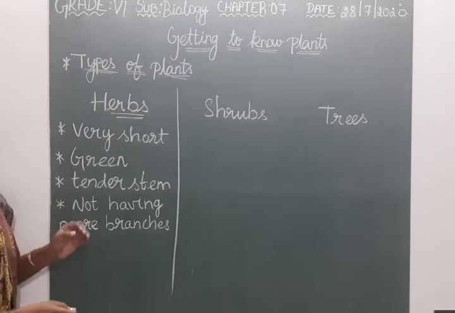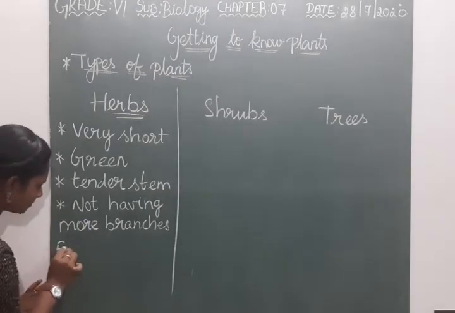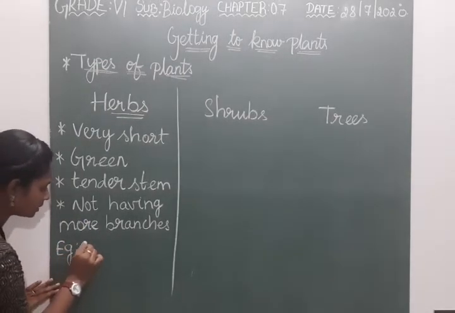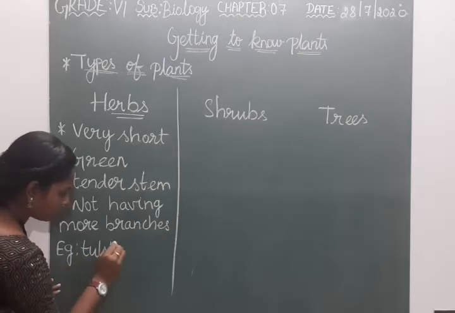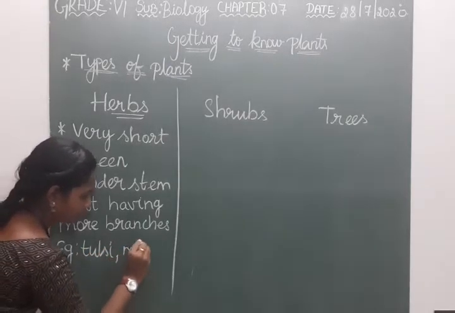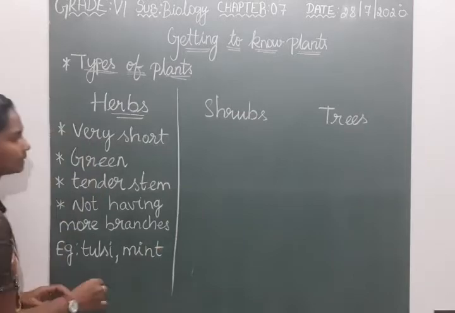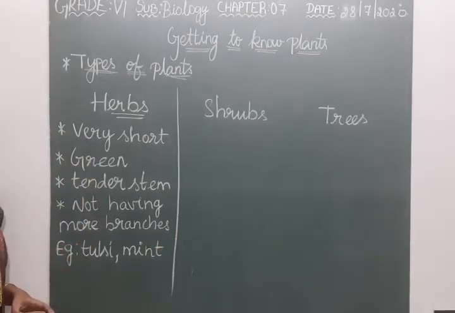So these are the characteristics of herbs. Examples of herbs are tulsi and mint.